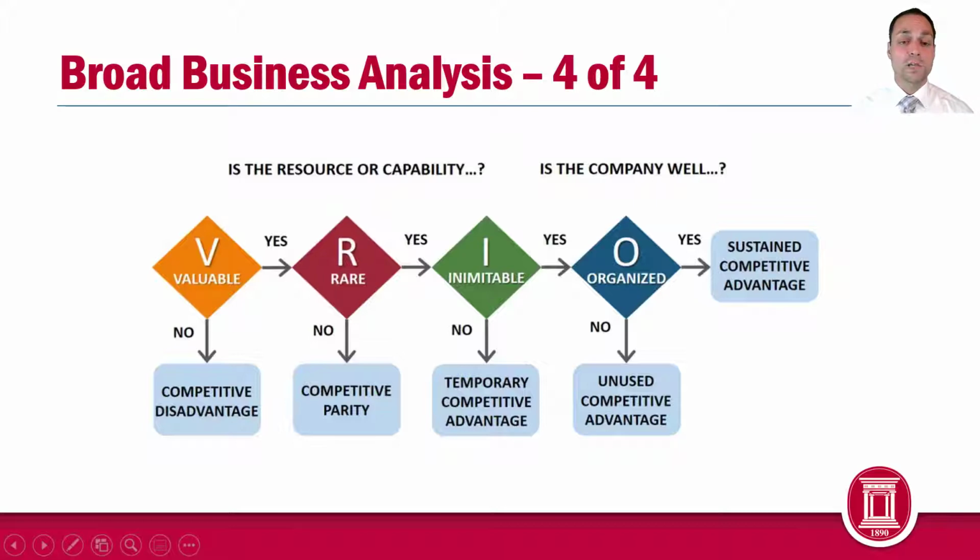Of course, I could also have parity, and you'll see that on here too, and there are some readings associated with it as well. But you may have parity, which means you may not have the ability to maintain a competitive advantage or even obtain one. That's the idea with VRIO. And again, this is really going to be internal. So if we were looking at going abroad, then this may not be the first one I go to.